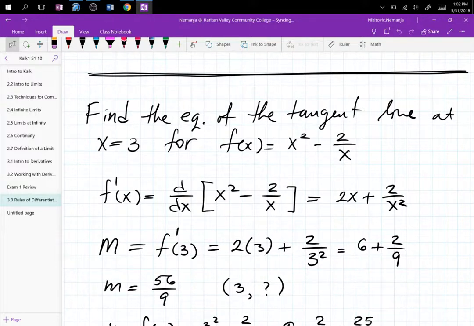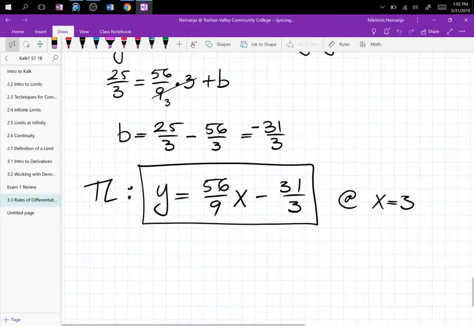So what I'm going to say, graph x squared minus 2 divided by x and now I write the tangent line. 56 divided by 9 times x minus 31 divided by 3.